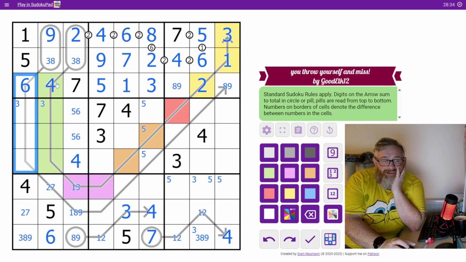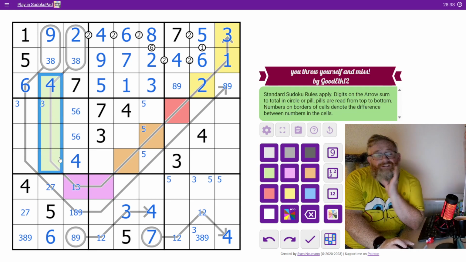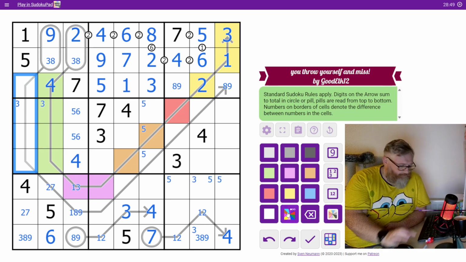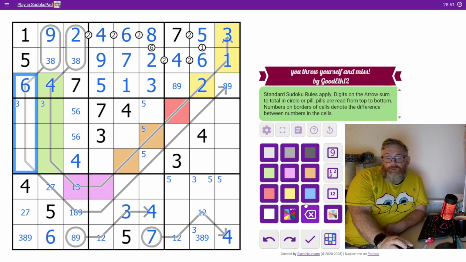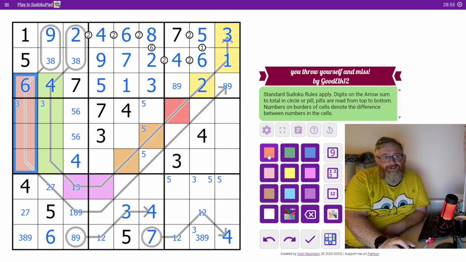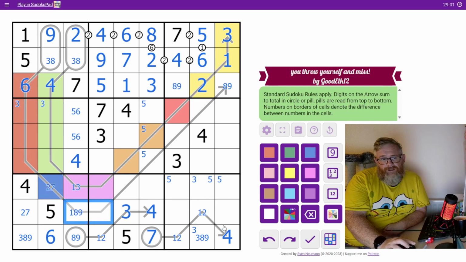Another interesting little thing is the 4 cells lowest is 10, because 1, 2, 3 makes 6 and 4 makes 10, and the highest is, let's give us a different colour set, is 30 on 4 cells.